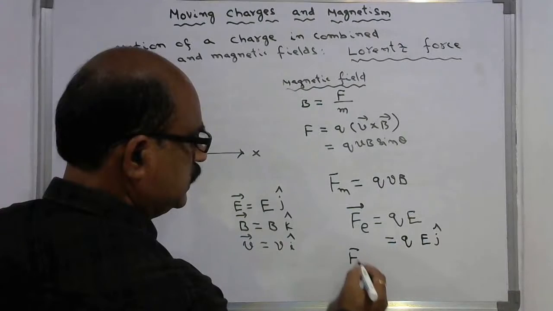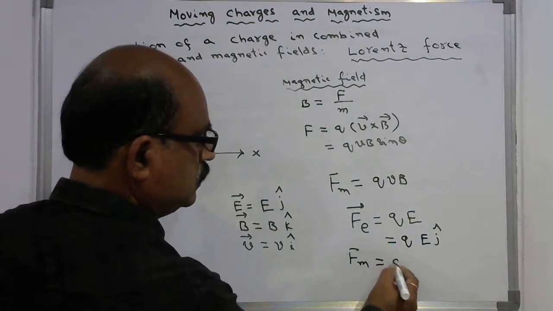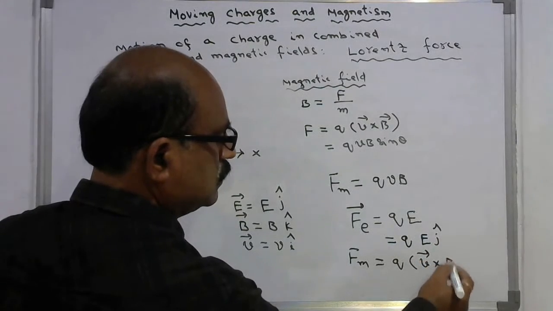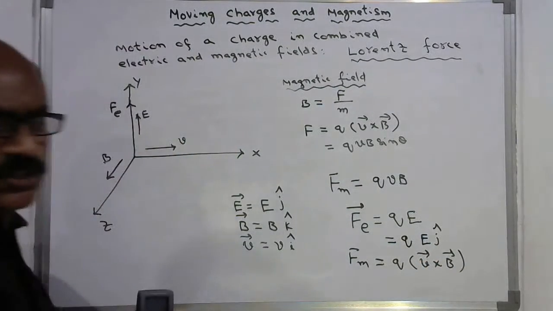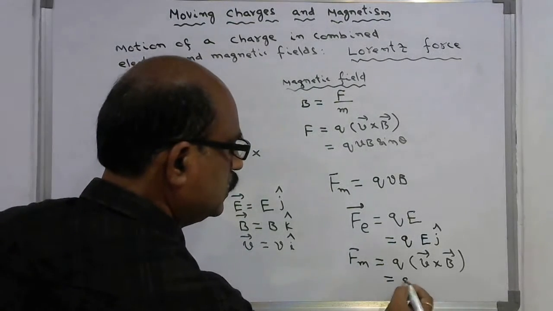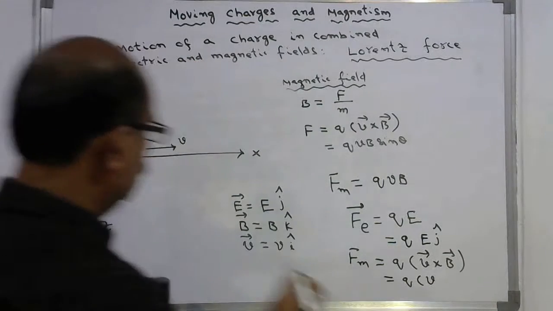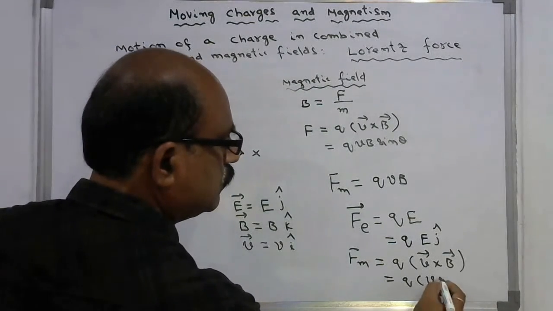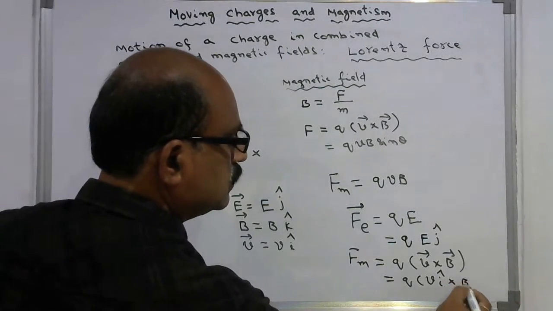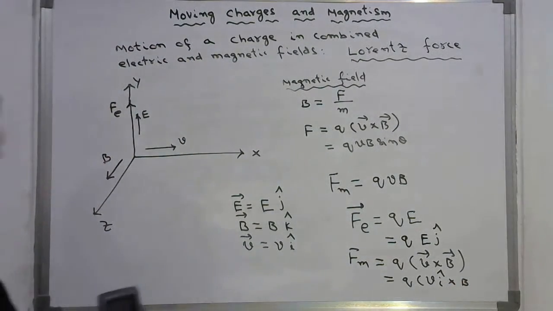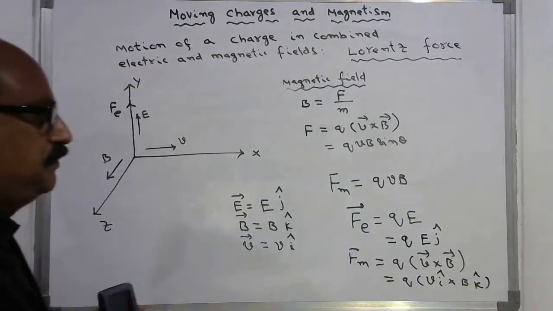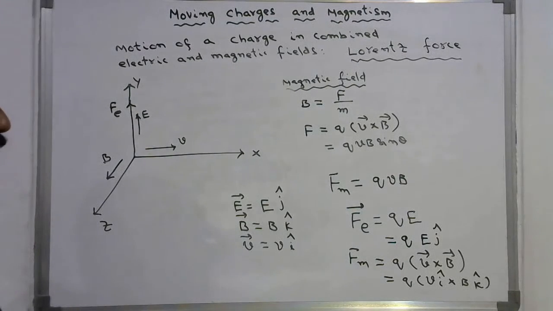Force due to magnetic field is equal to Q into V cross B. V cross B means Q into V into I cap cross B into K cap. So this is the force due to magnetic field.